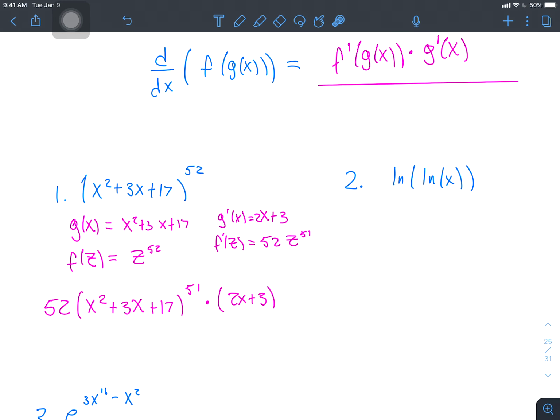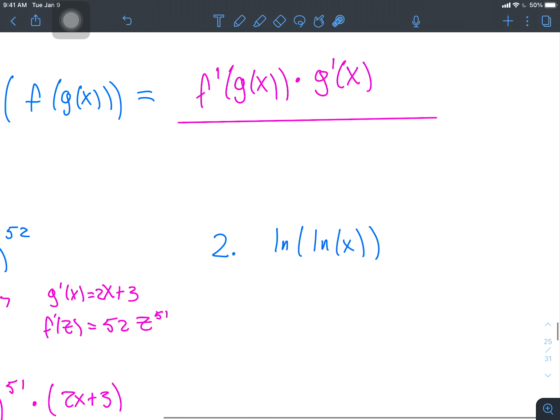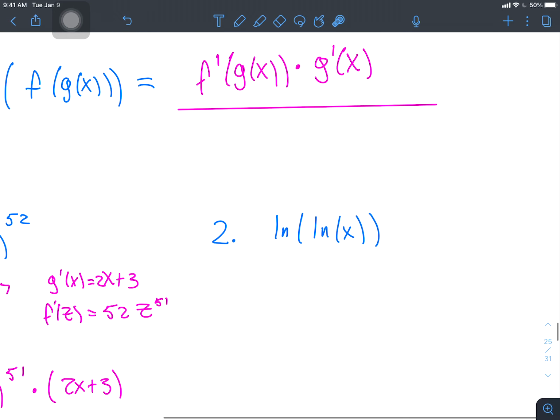All right, let's look at the second problem. Question for the class: do I need to use chain rule to do the derivative of ln of ln x? Yes. Why do I need to use this chain rule? Yeah, the cue is that I have a function inside of another function.